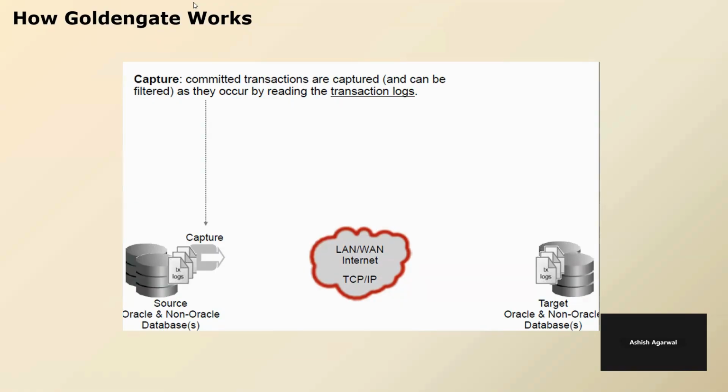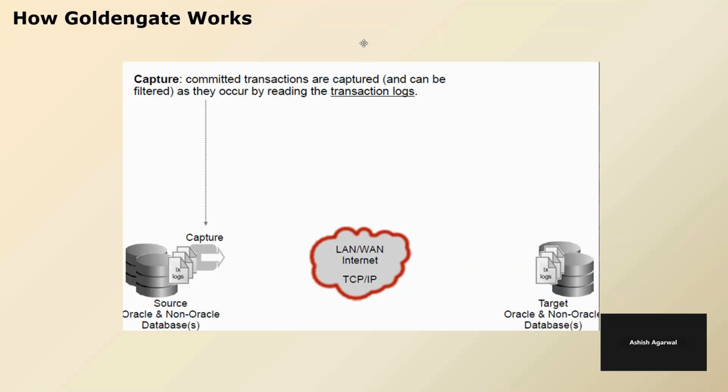Remember, the transaction logs contain committed as well as uncommitted transactions. However, Golden Gate captures only committed transactions.